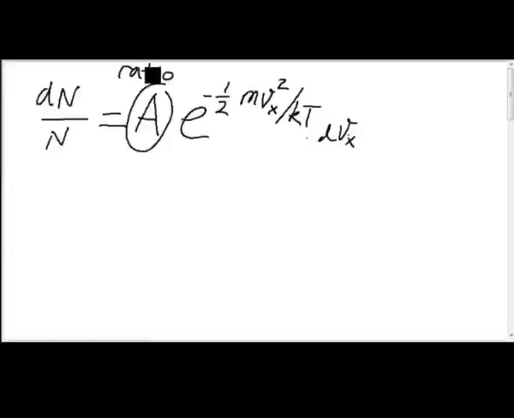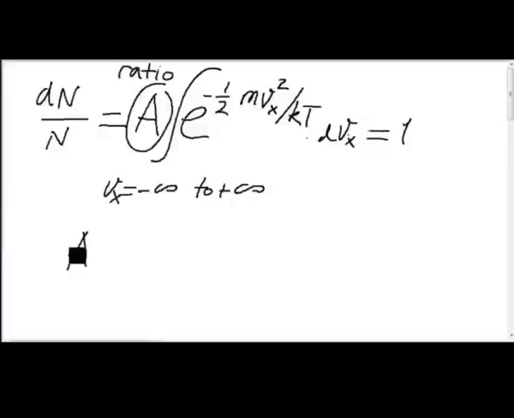When we integrate that equation over Vx from minus infinity to plus infinity, we should get 1, because this is the maximum value. Then we can calculate the value of the ratio constant A. It is not quite hard actually.